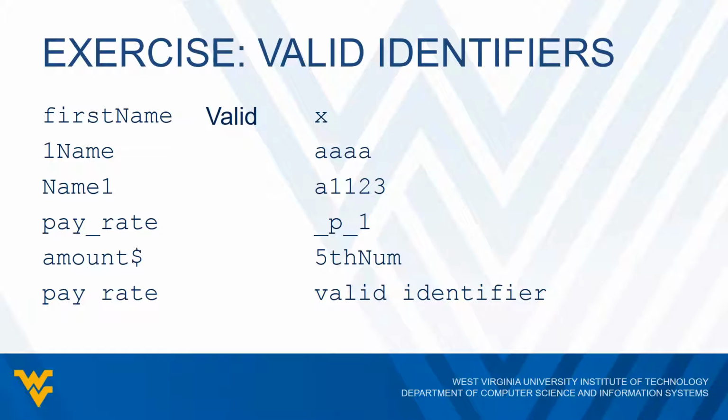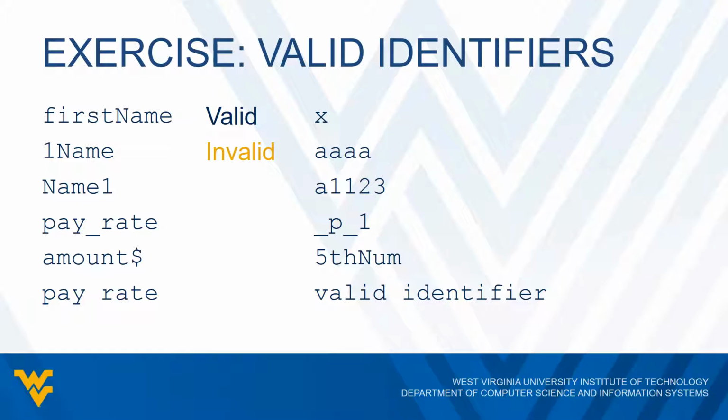The identifier firstName is valid because every single character in here is a letter, whether it's uppercase or lowercase. We only have one uppercase letter, the N for name, but everything else is a lowercase letter. So this is a perfectly valid identifier. 1name is not a valid identifier, and that's because it starts with a number.